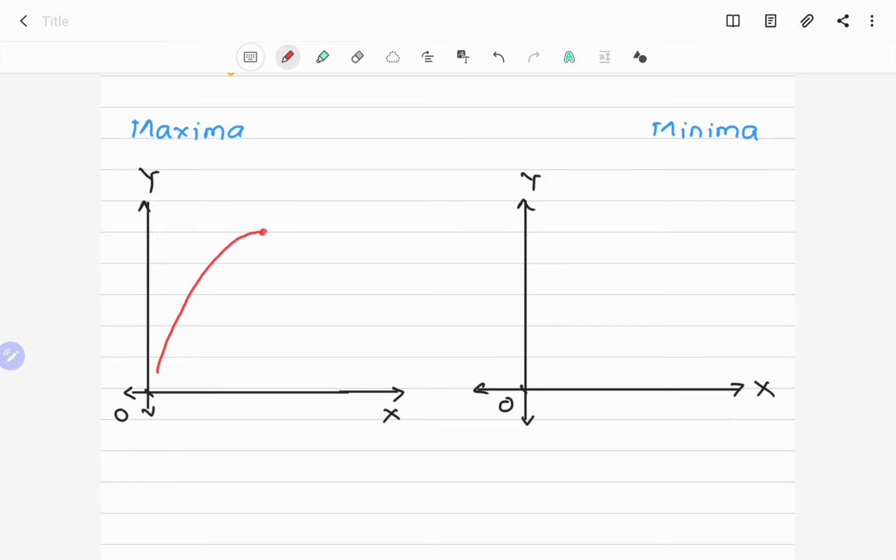After the increasing section, the graph goes on decreasing, and this entire graph shows a maximum point of that function.